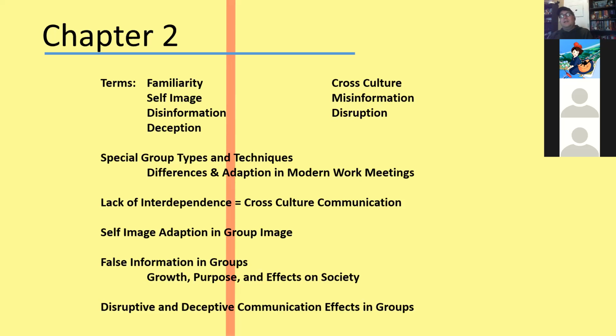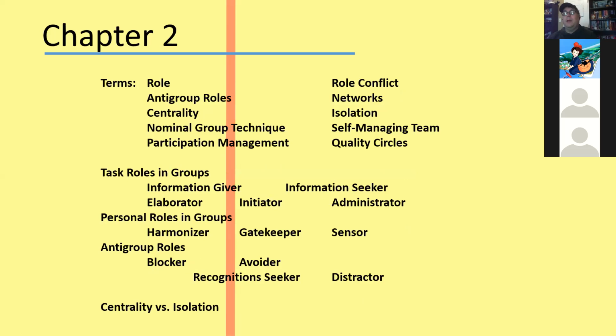All right, and then the last thing was disruption and deception communication effects in groups. Disruptive communication, we already talked about with avoidance. And oh, by the way, the specialized groups were the nominal group technique, self-managing team, quality circle, and participation management.